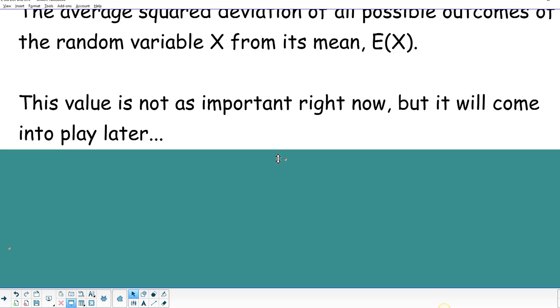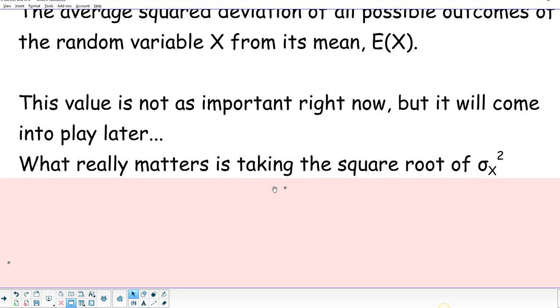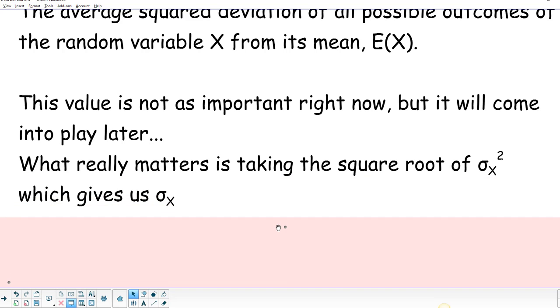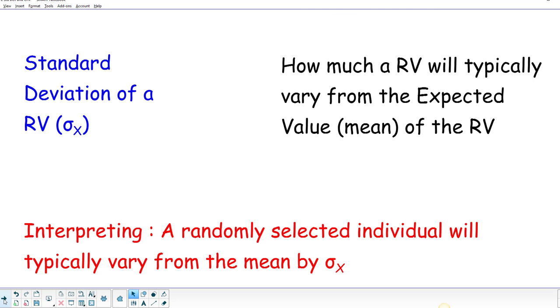So how do we go from sigma sub x squared to sigma x? That should be pretty obvious. What happens when we take the square root of anything squared? We get the thing itself that's inside of it. If we take the square root of the variance, we get sigma sub x, the exact thing we're looking for. How do we define it for a random variable? It's not really different from what we have already learned about standard deviation.